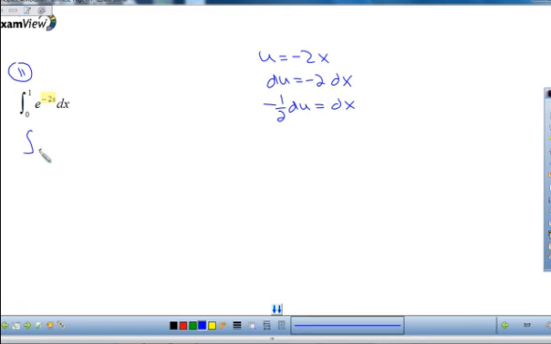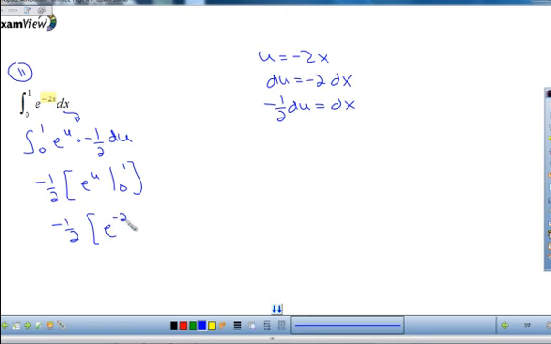So I'm going to have from 0 to 1 e to the u times negative 1/2 du. Okay, because remember, we're substituting for dx. So negative 1/2 is the coefficient, so I just bring it down. The antiderivative of e to the u is e to the u, and I'm going from 0 to 1. Now, since I didn't do change of variables, I have to substitute u back.